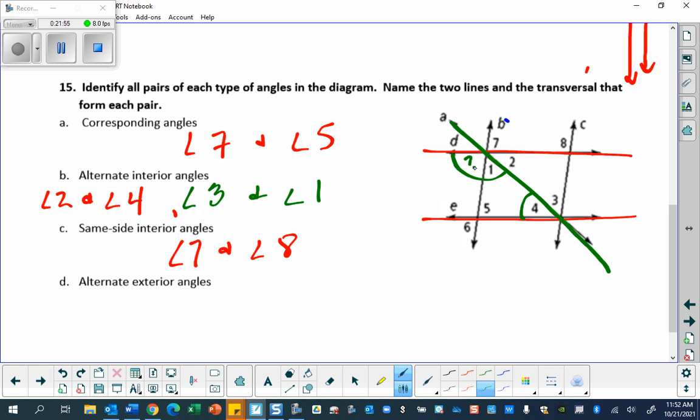Are you with me? Okay. With your partners, find the alternating exterior angles. Remember, say go. 2 and 4 are interior. We want exterior.